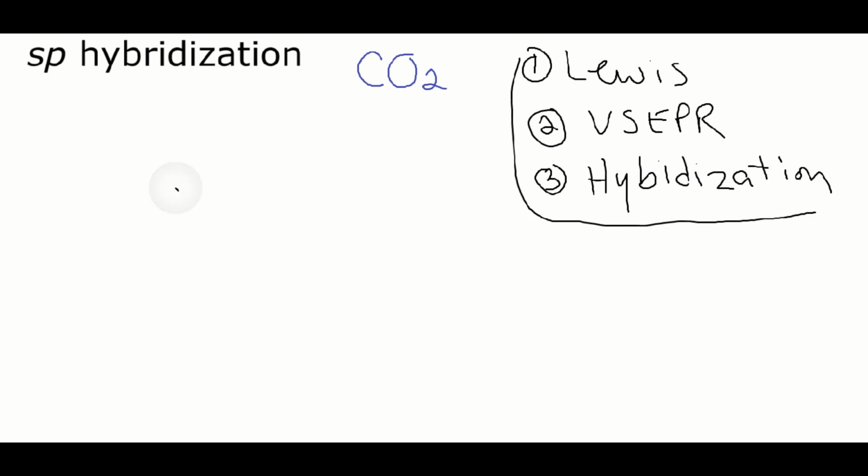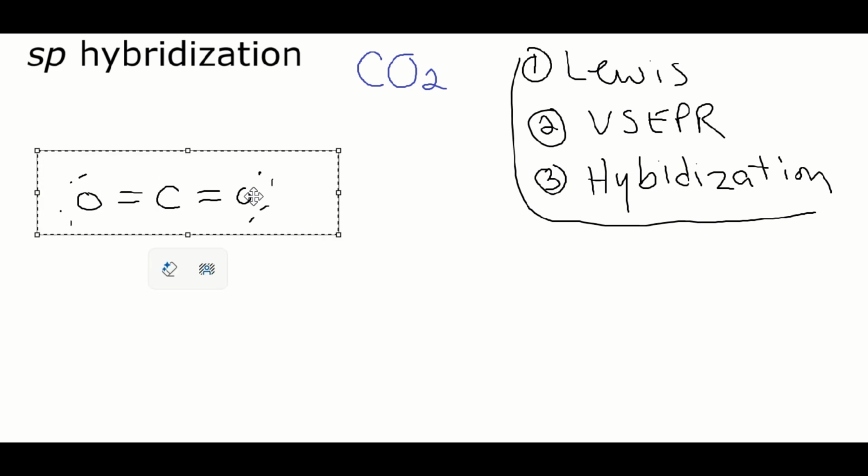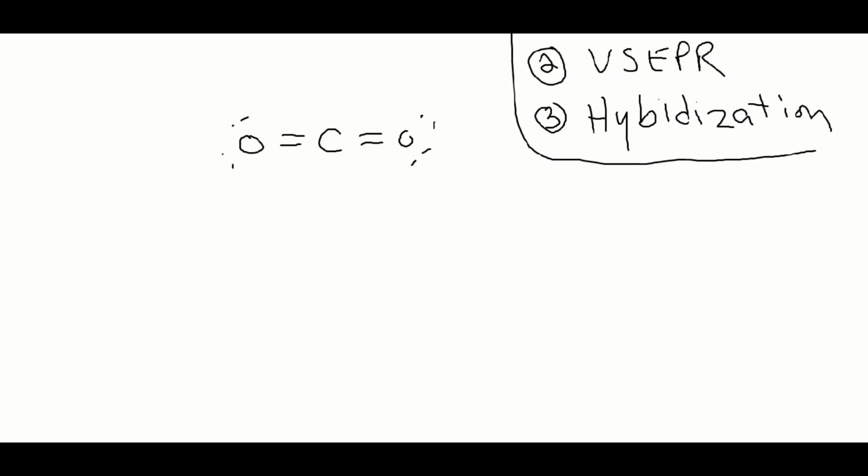The Lewis structure for carbon dioxide looks like this. Carbon double bonded to the 2 oxygens, and the 2 oxygens have a lone pair each. Let me center this a little bit. So now that we have a Lewis structure, we can use VSEPR to determine what type of geometry is around the central atom.